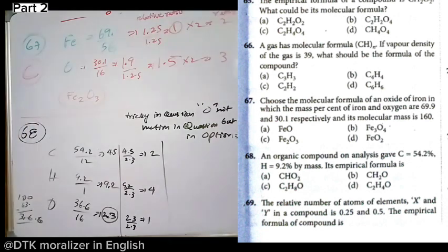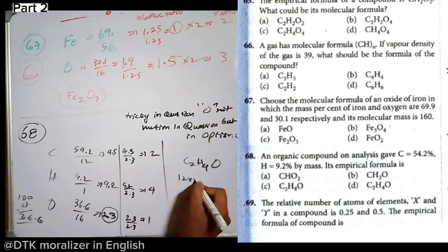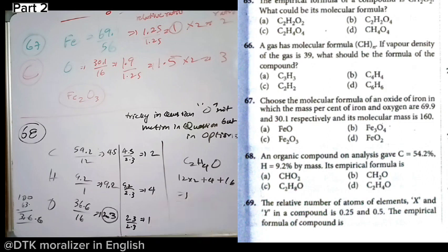Now we obtain the relative ratios. Now we need whole ratios. C2H4O. These are appropriate and exist in the options. So here option D is right for question number 68.